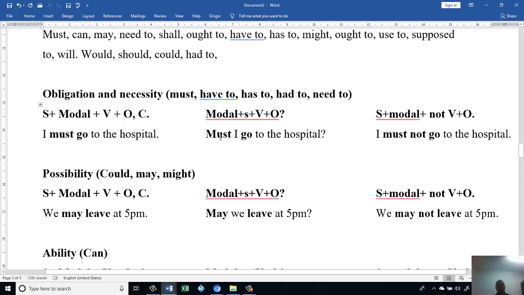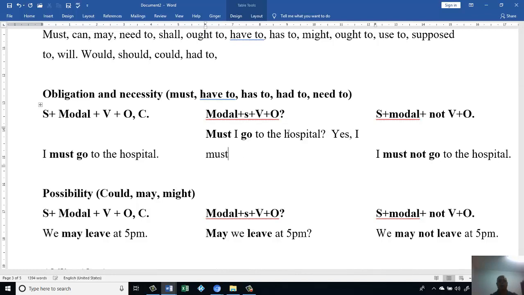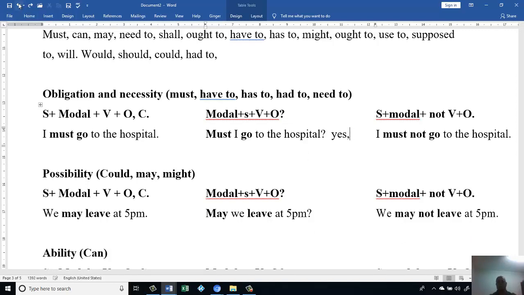Then make a question, must I go to the hospital? Then you can say, yes, I must. Or you could say, no, I must not. Okay, that's how sometimes we could use it to make a question.